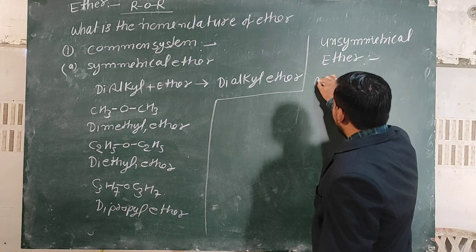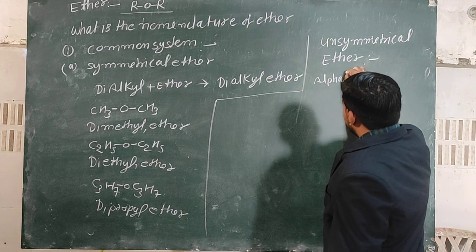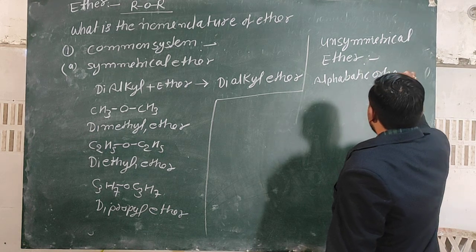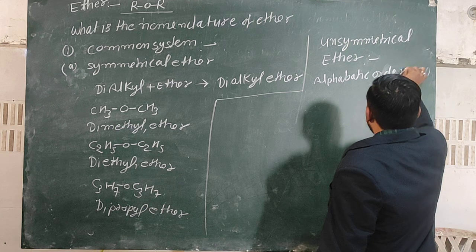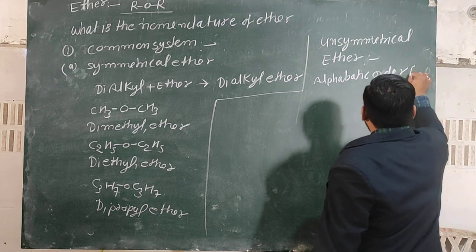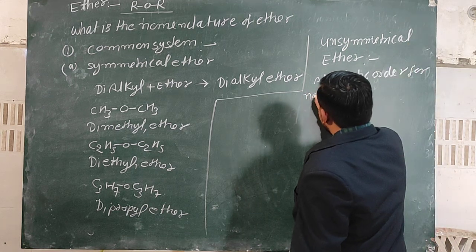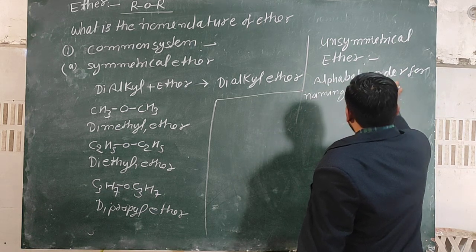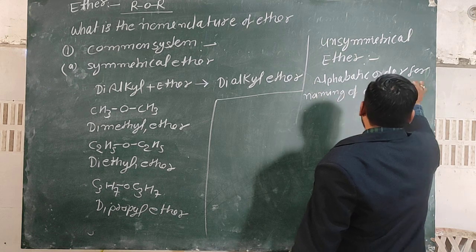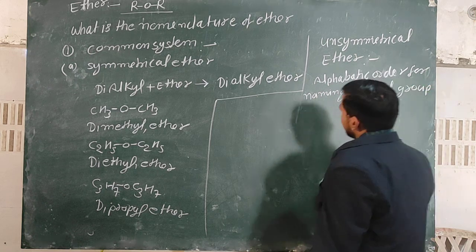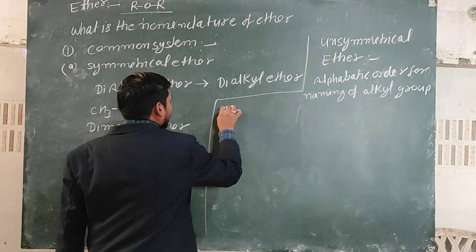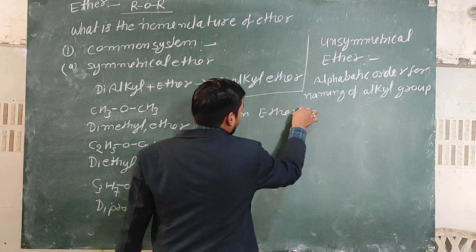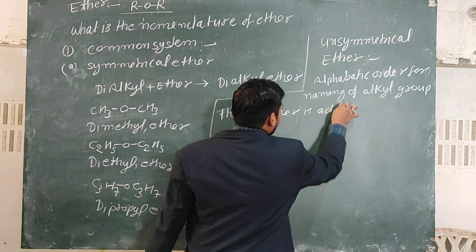Firstly, we use alphabetical order for naming of alkyl groups. Then ether is added.